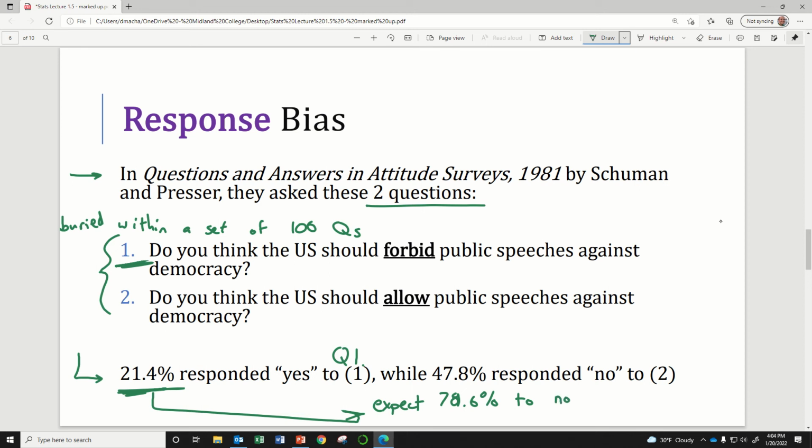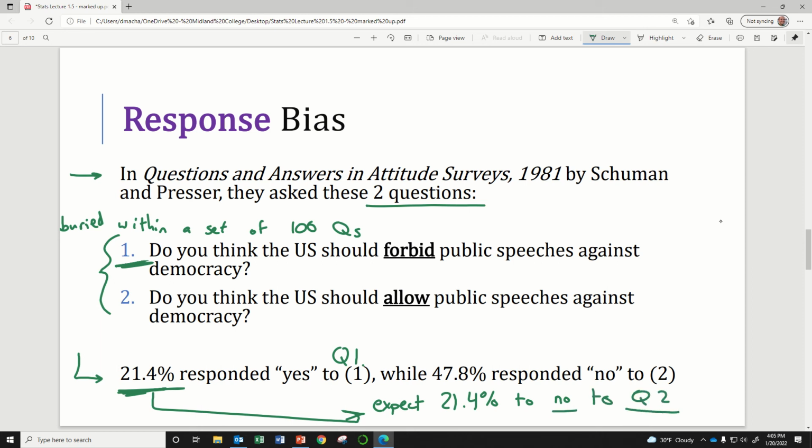Let's see, I believe this is going to take me a moment to think about. If you responded yes to saying that the U.S. should forbid, then you should say no to the second. Right. So that means we should expect 21.4% to say no to question 2.